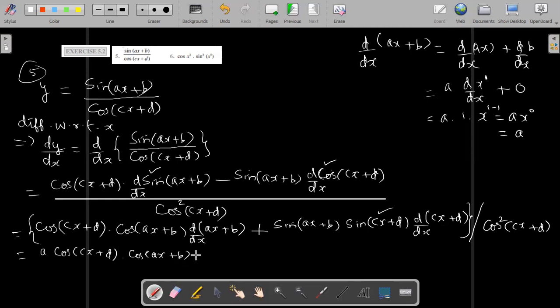Here the differential will be c, so in the starting you can write c sine ax plus b into sine cx plus d, in whole divided by cos square cx plus d.